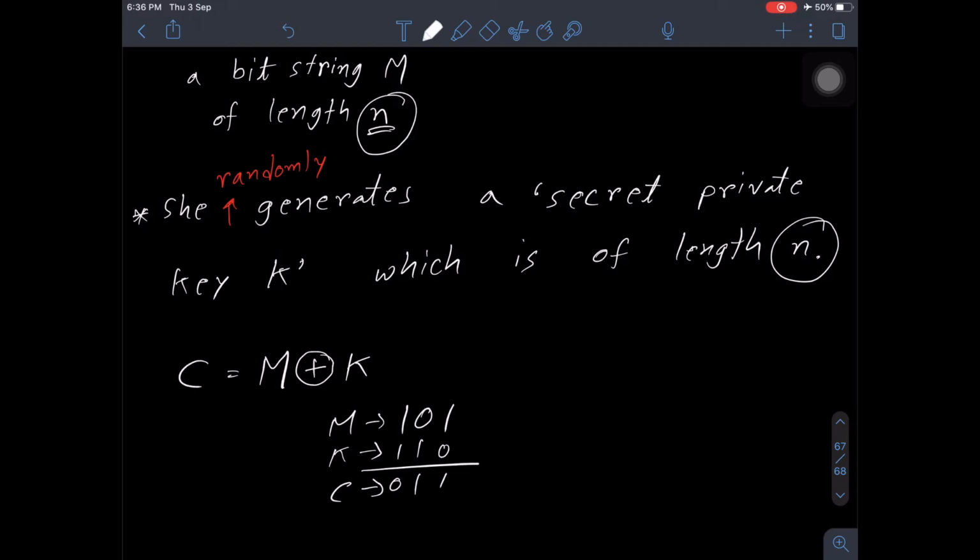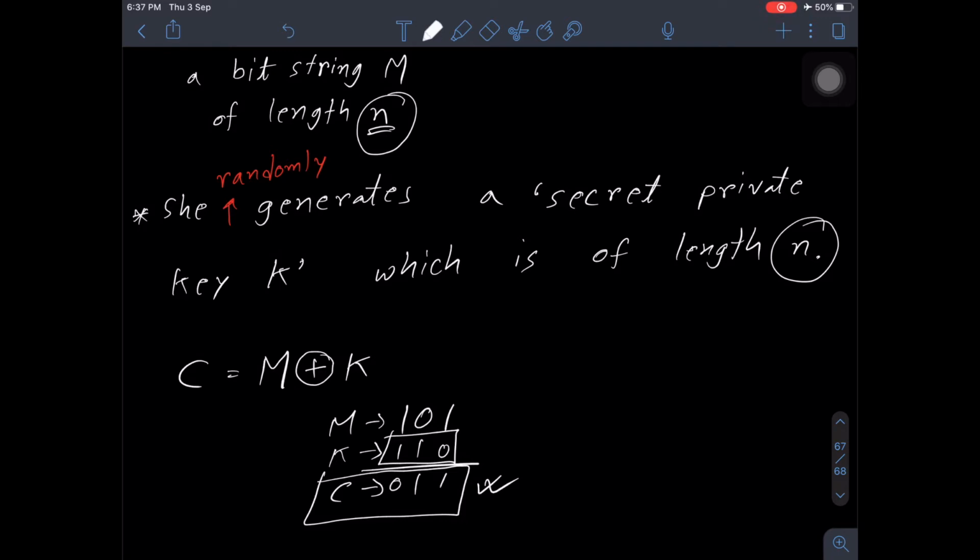The thing to notice here is that as this key was random, each bit of this key was random, even if someone in the middle checks this message, there is no way he or she can predict what M was, because XOR operations are not one-to-one.